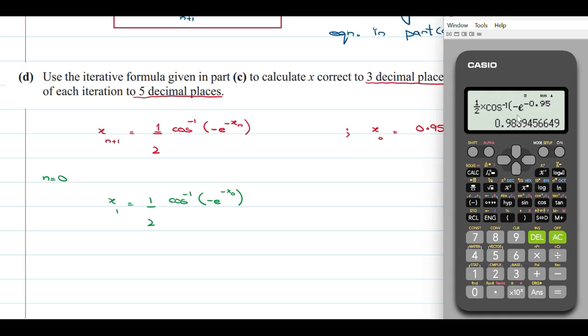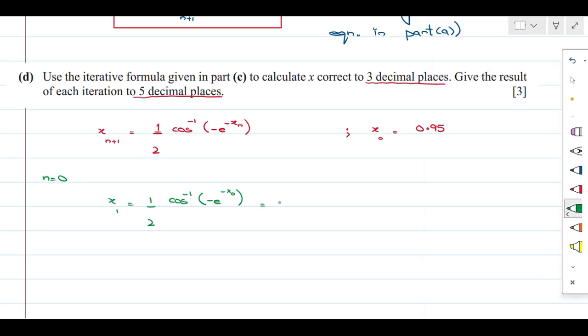We get 0.98395 after rounding: 5 decimal places, the next digit is 5, so it rounds up, the 4 becomes 5. So 0.98395.